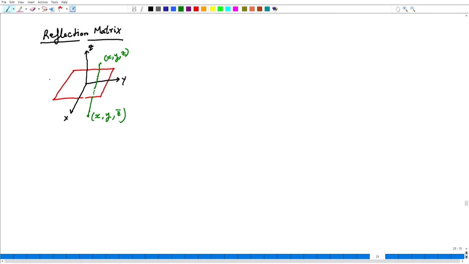I have denoted the negative z with a bar on the z coordinate. So, the mirror or reflection operation I will denote as sigma xy, denoting that the reflection is by the mirror lying on the xy plane.